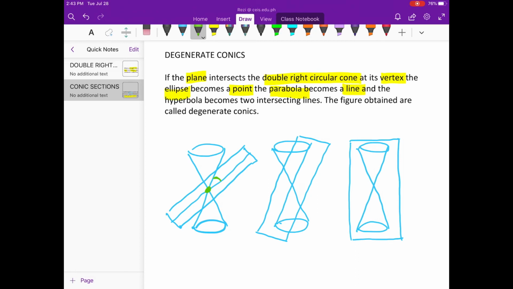From the parabola, here's the vertex, it intersects the vertex, and that's the line. And lastly, the hyperbola becomes two intersecting lines. So the hyperbola will have two intersecting lines, so they will meet each other.